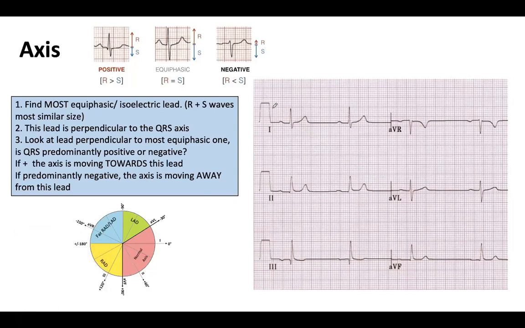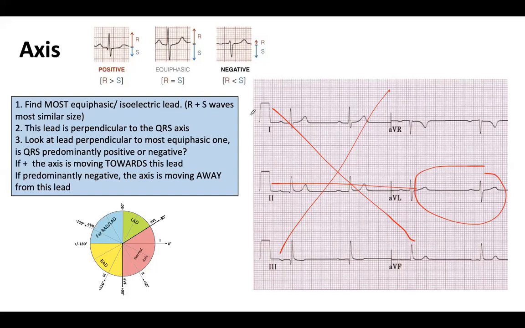Okay, so if you look at this, it's basically a star, a way to remember which is 90 degrees to what. So at the beginning I said AVL is 90 degrees to lead 2. So we said AVL is the most equiphasic in this ECG, so 90 degrees to AVL is lead 2. A way to remember this is to think of it as the star over your ECG.